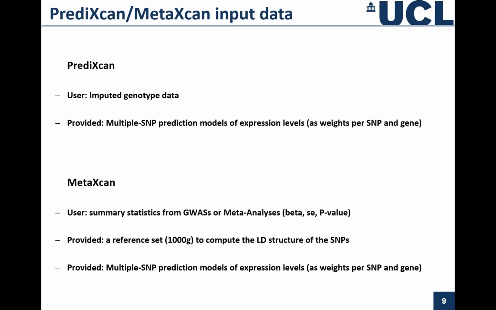While for the MetaXcan software, the user only has to provide summary statistics from GWAS or meta-analysis, and a reference set in order to compute the structure of the SNPs, and the same prediction model as for PredictXcan is provided.